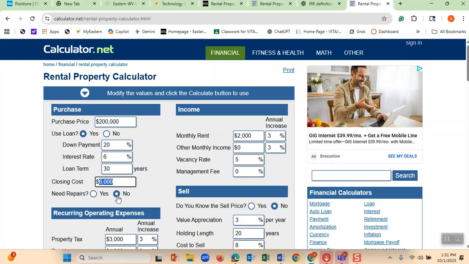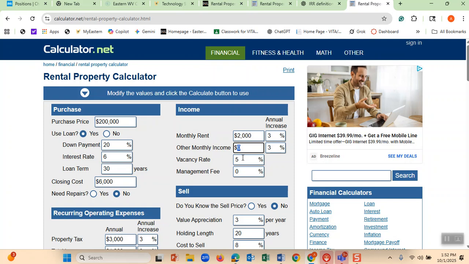I think I am going to be able to rent it out for $2,000 a month, and I am going to increase my rent 3% every year. And then I don't have any other monthly income.